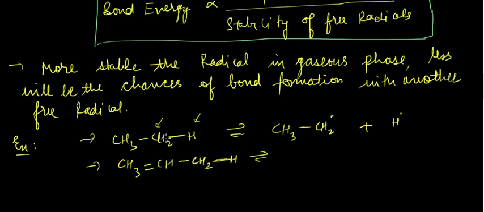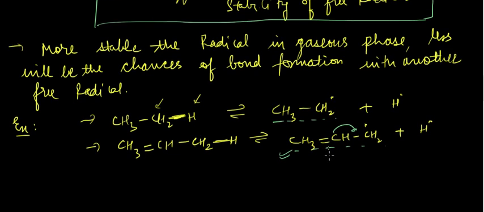Okay, so we have to compare the bond energy of C and H in this compound and in this compound. So we will compare the stability of free radical of these two carbon compounds when we actually break them into free radicals. So obviously, as you can see, it is a case of hyperconjugation between a free radical and a double bond, which we have already seen in so many cases, which is actually stabilizing this compound. Okay, so more stable product, less is the bond energy.